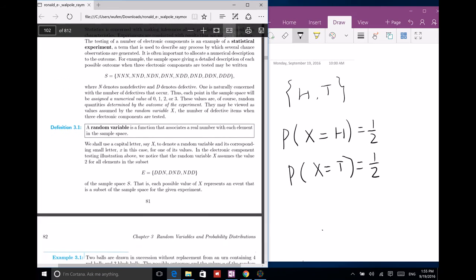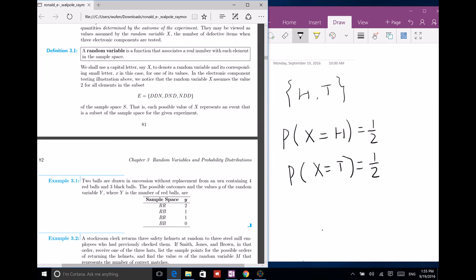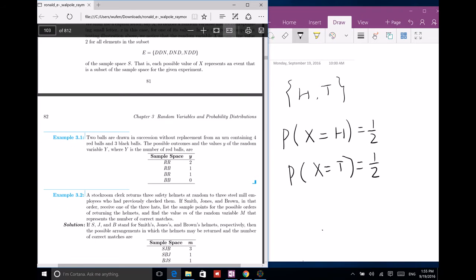Let's look at examples. Two balls are drawn in succession without replacement from an urn containing 4 red balls and 3 black balls. The random variable is Y, where Y is the number of red balls. If you take out 2, it could be 2 red, 1 red and 1 black, or black and red, or 2 black.